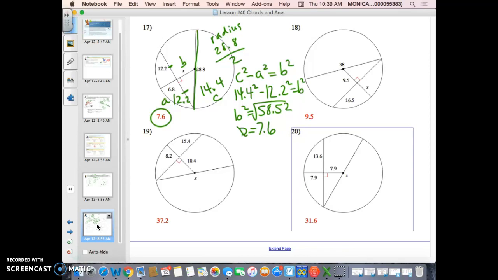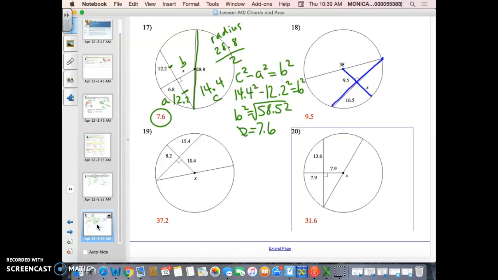All right, let's look at this example, number 18. So when we look at this, I see that this is a chord, okay, and it's being intersected at a perpendicular line with this right here, okay?